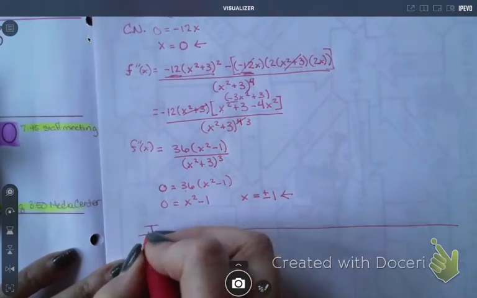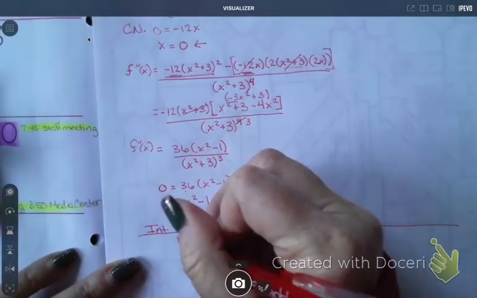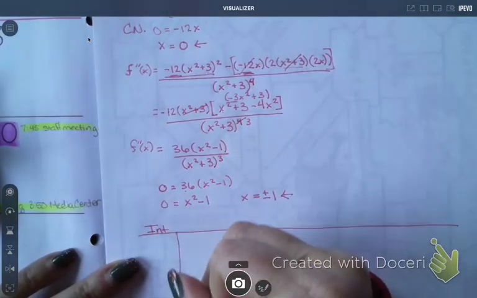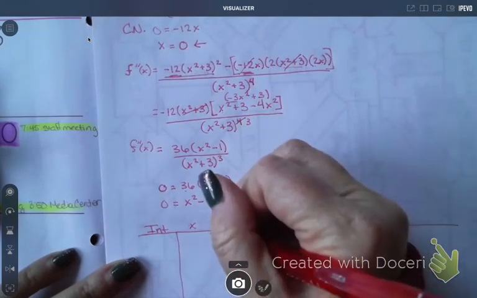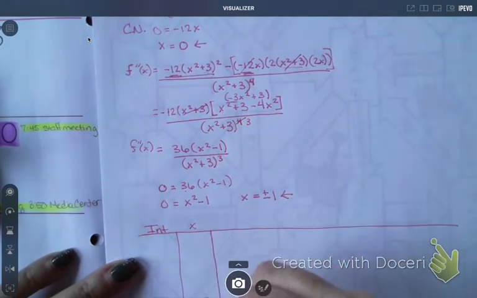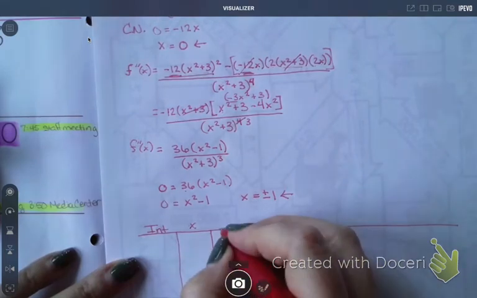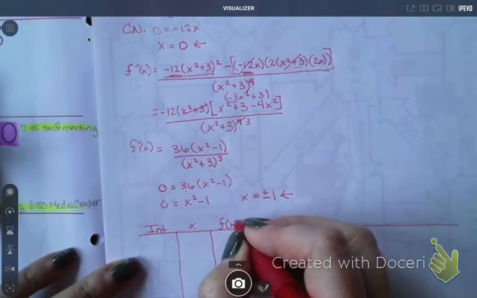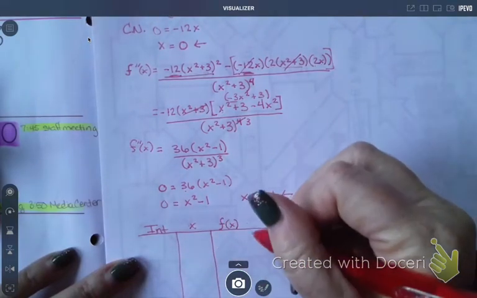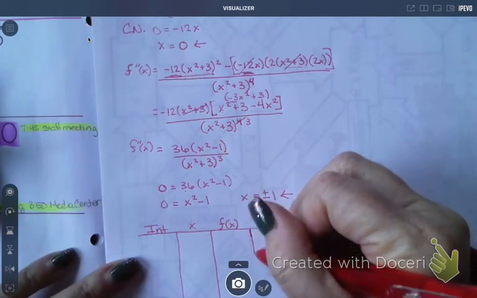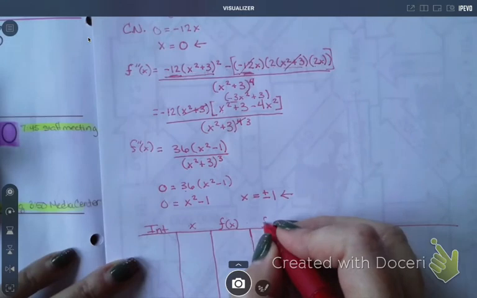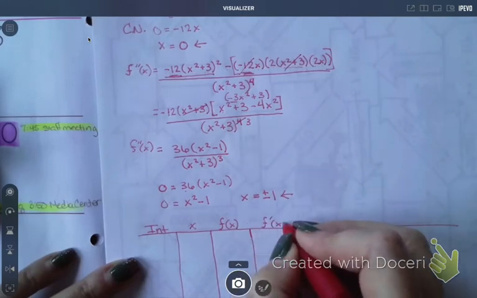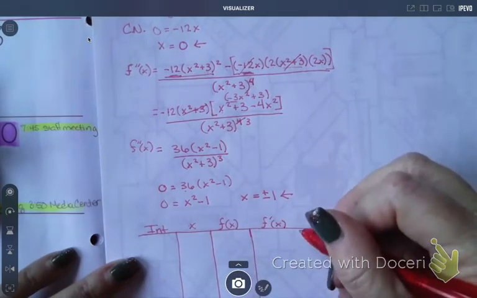So I have my intervals. I have my x's. I have my f of x. We're going to plug it into the original function, some of them. I have my f prime of x, which is my first derivative, yes.